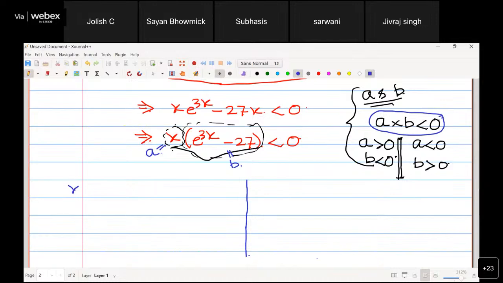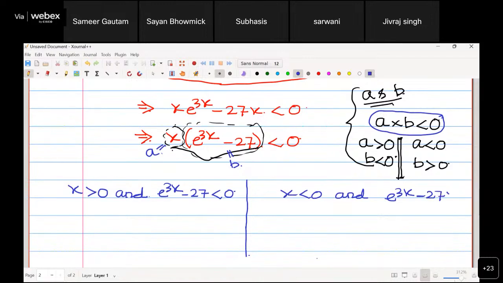The first case is when x is greater than 0 and e power 3x minus 27 is less than 0. The next case is x less than 0 and e power 3x minus 27 greater than 0.